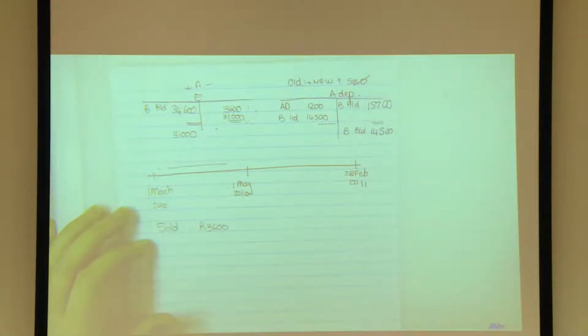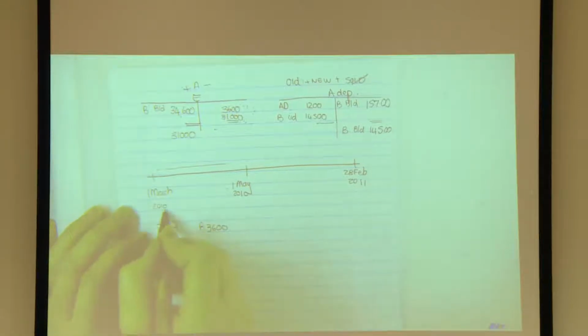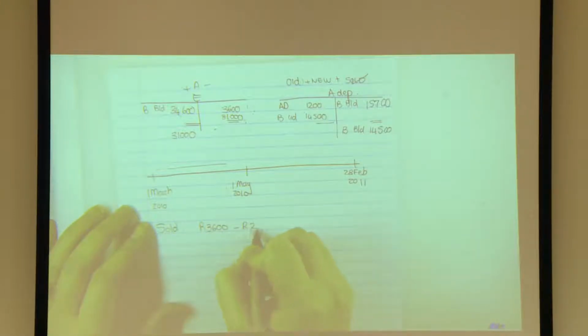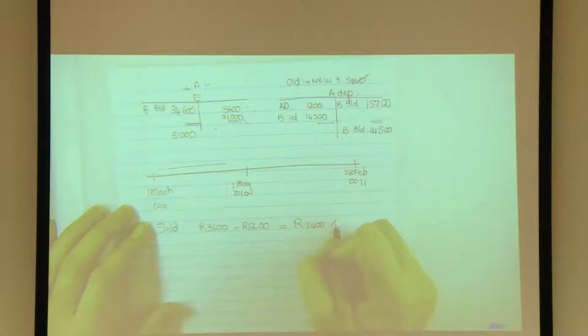Oh, they did say, sorry, the accumulated depreciation on the desk that was sold was 1,200 on the 1st of March. There's the 1st of March. So can I take minus 1,200? Yes. So what is the book value? Now, can I say times what percentage?